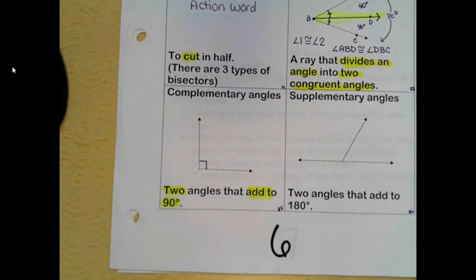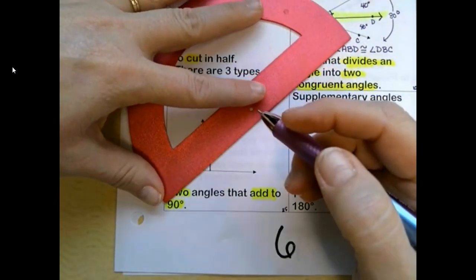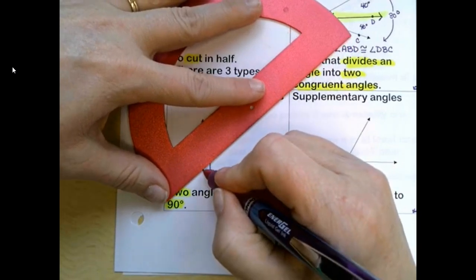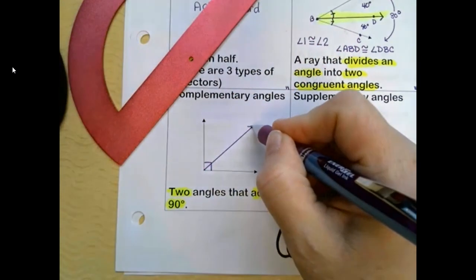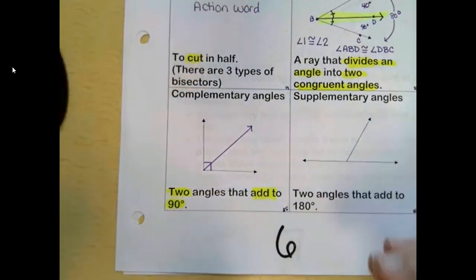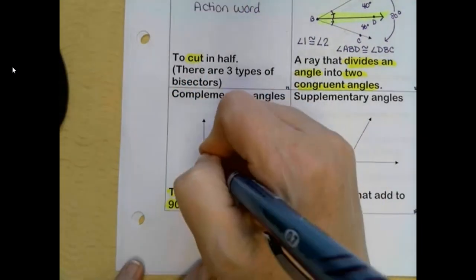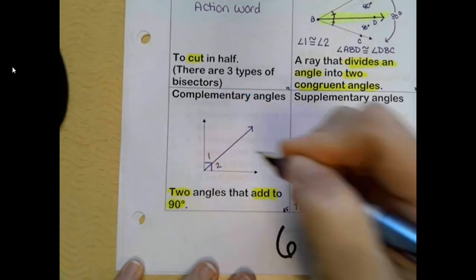If I'm going to have 2 angles that add to 90, then I'm going to draw an angle in here. Just somewhere in that picture, draw a ray. It doesn't have to be directly in the middle. Let's label this angle 1 and angle 2.